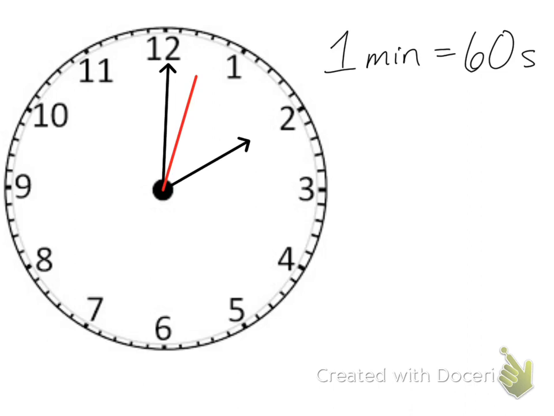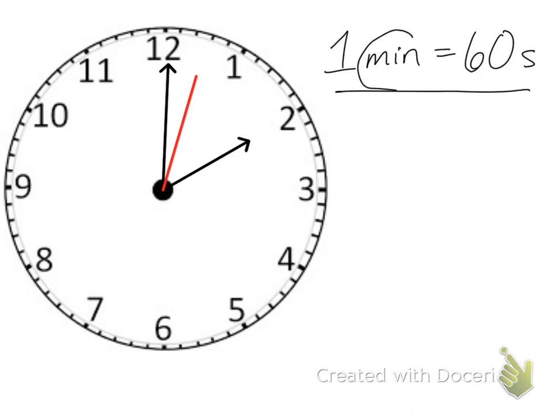If I was to show this, my second hand would start at the 12 and it would go 1, 1,000, 2, 1,000, 3, 1,000. It would go all the way around, and that would be 1 minute. So 1 minute equals 60 seconds.